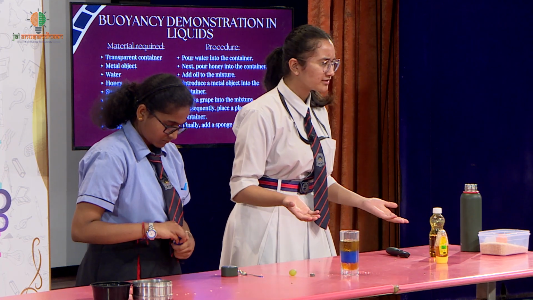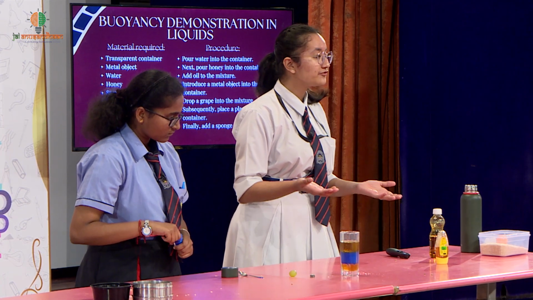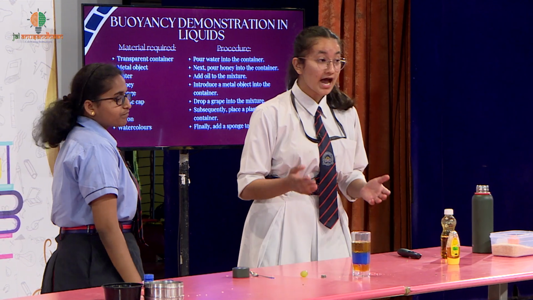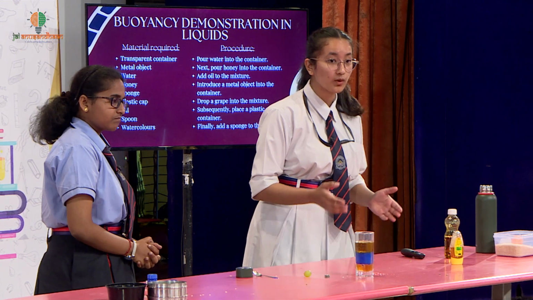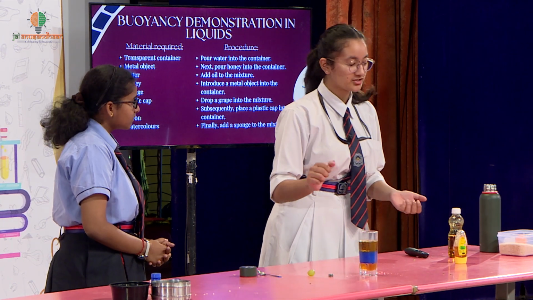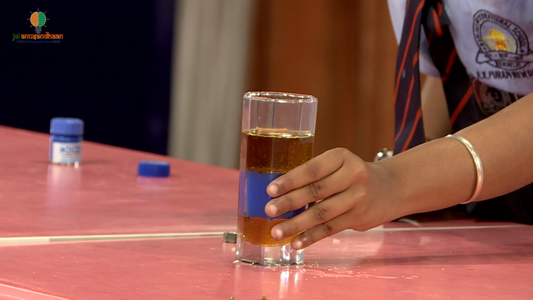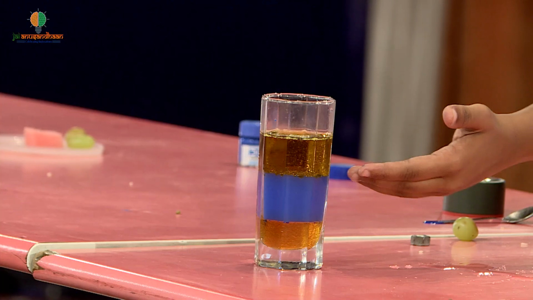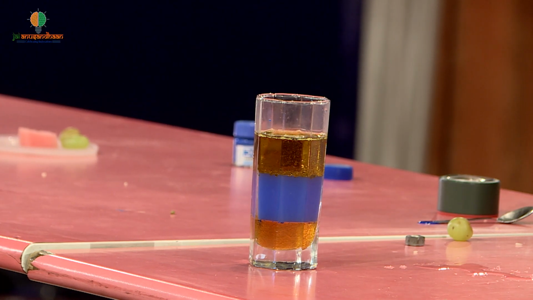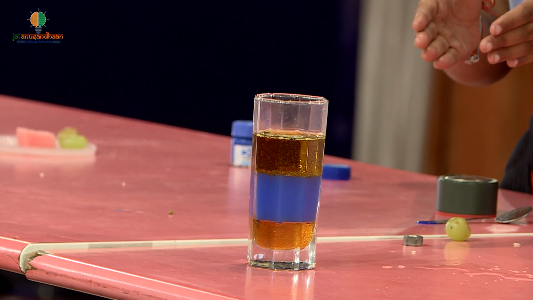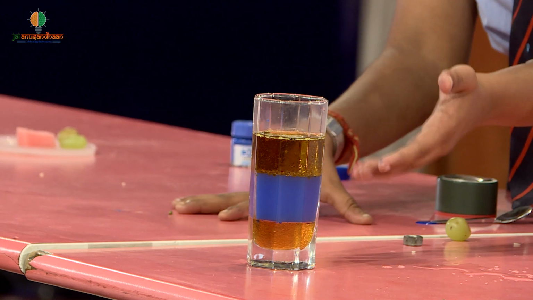Why does this happen? This happens because different liquids separate into different layers because of having different densities. And this is the main reason why these liquids don't mix together and float over each other. As you can see, honey having the highest density settles at the bottom of the glass, and water having less density as compared to that of honey floats on the layer of honey, and oil having the least density among all the 3 liquids that have been taken floats on the layer of water.